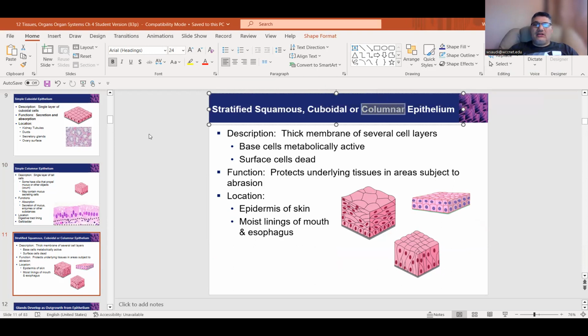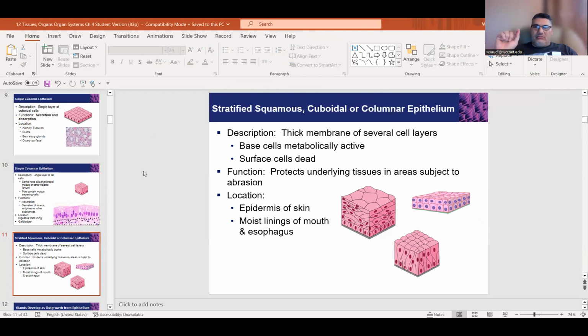Multiple layers of columnar, stratified columnar. But listen to this piece of information. When you say stratified squamous, meaning it's multiple layers and the cells are squamous. All layers? No. The top layer has to be of that type.